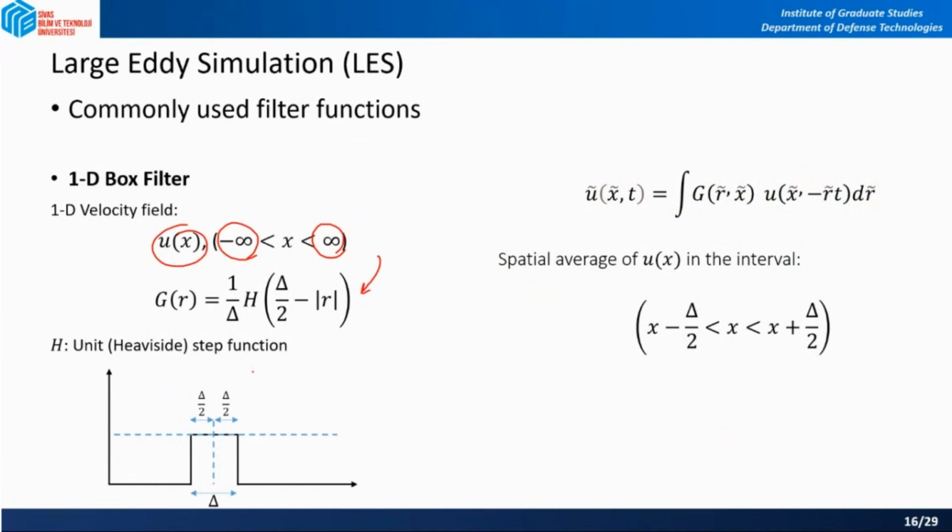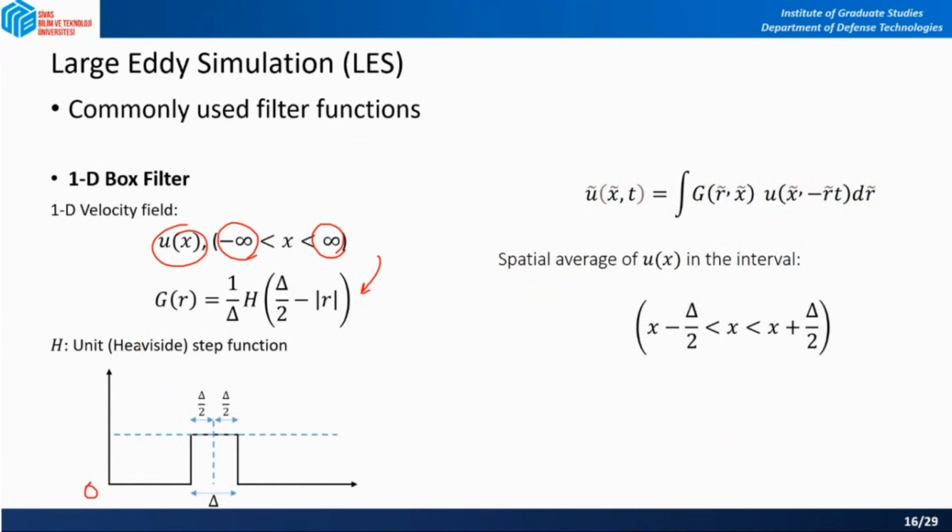What is delta? Delta is a certain length scale. It's not zero within this delta, and everywhere else, as you can see, it is zero. And H is the Heaviside step function, the unit step function. You remember what this is?